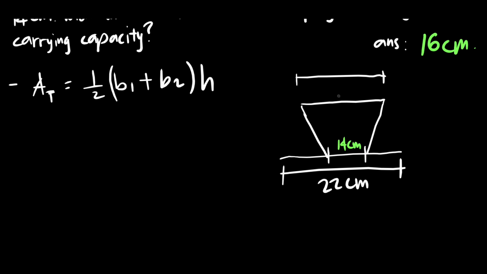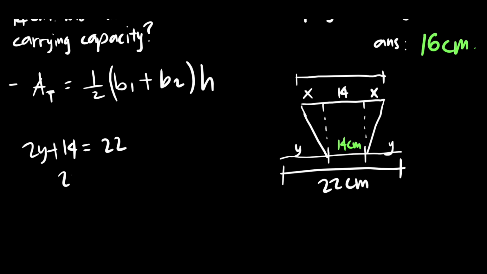So by having a line here, we can conclude that this is 14 also, and let's say this is x and this is x. So this one, let this be y and y. So what is the value of that? So 2y plus 14 is equal to 22.